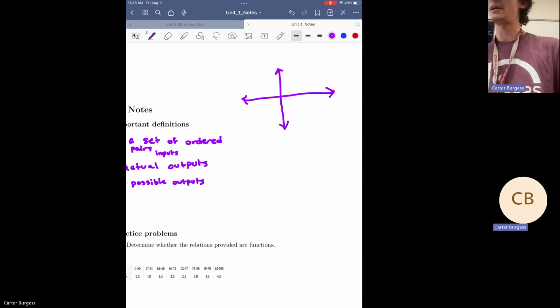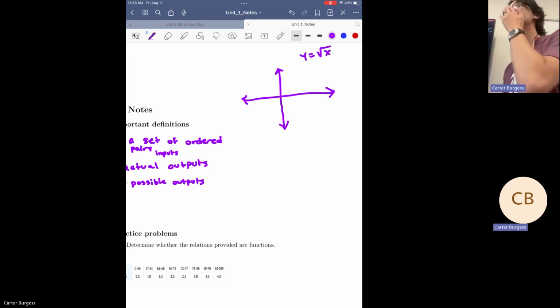describing what's happening with a function like y is equal to the square root of x. We have the y-axis here, which is all of the positives and negatives going up and down. We have the x-axis, which obviously also has all the positives and negatives going left and right. And what's interesting here is that the square root of x is always going to be positive.